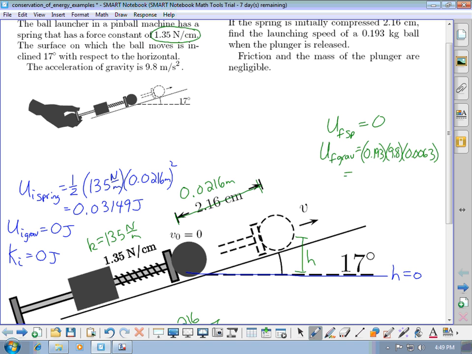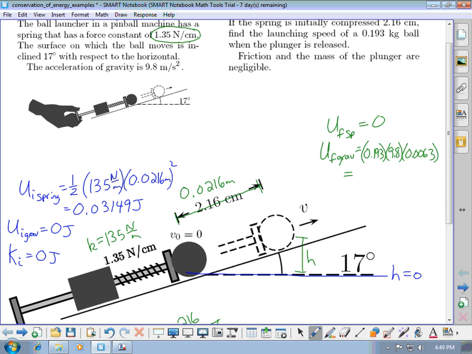If you do not include this increase in gravitational potential energy, your speed is going to be too large. If the mass of the ball is not very big, it will not affect your answer very much. But if you do have a more massive ball, this change in gravitational potential energy will be much more important.